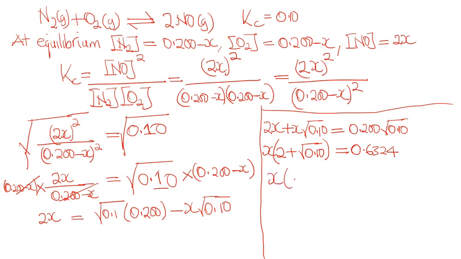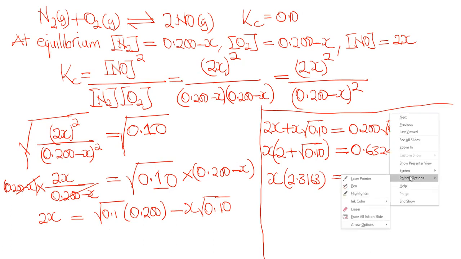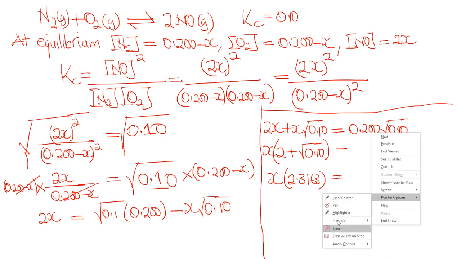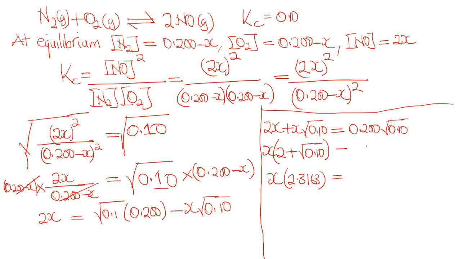You have x times 2.3162 is equal to, let me do the calculation again to make sure that I got 0.2 times the square root of 0.1 correct.